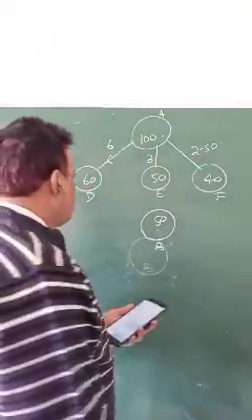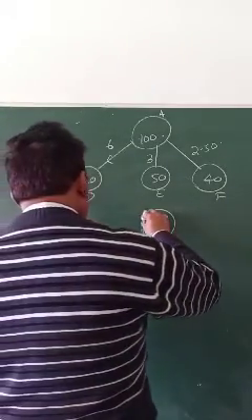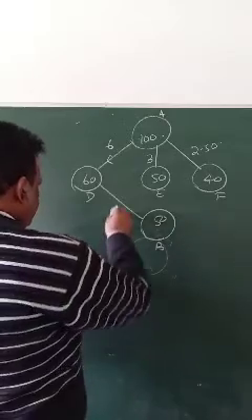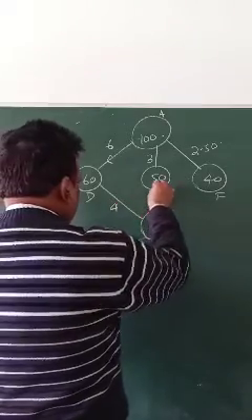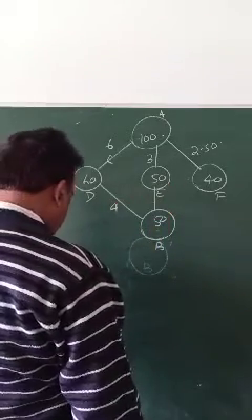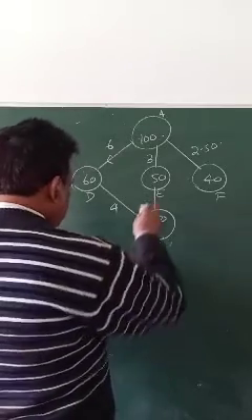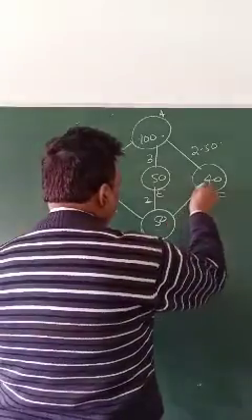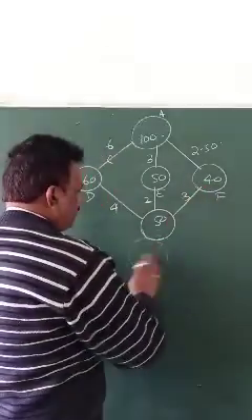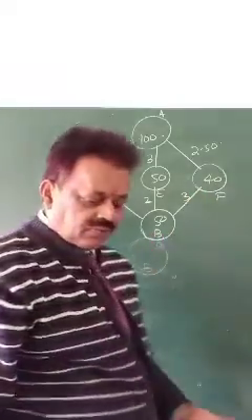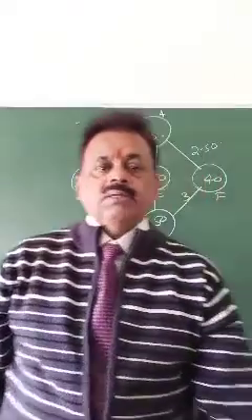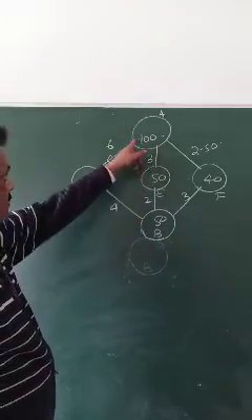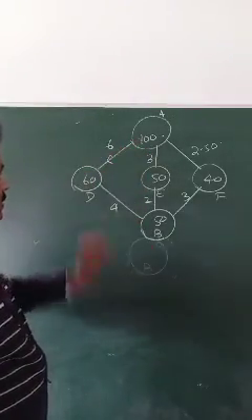Similarly, cost from B to D is 4, B to E is 2, B to F is 3. You are asked to find what should be the transportation order so the cost will be minimum. Actually we don't know how much A is supplying.